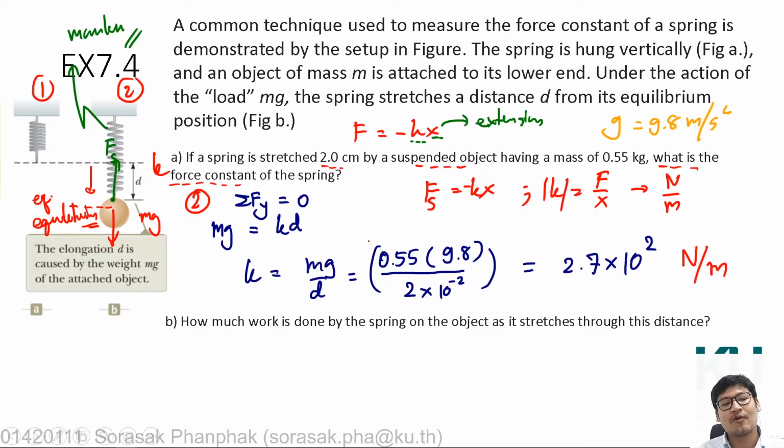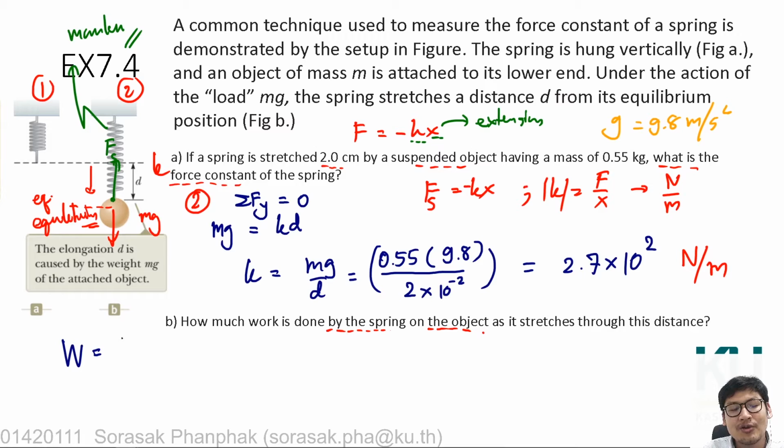Next is how much work is done by a spring. Now look at the work the spring does on the object. Work of the spring done on the object as it stretches to this distance. So you would like to quantify the work done by the spring.